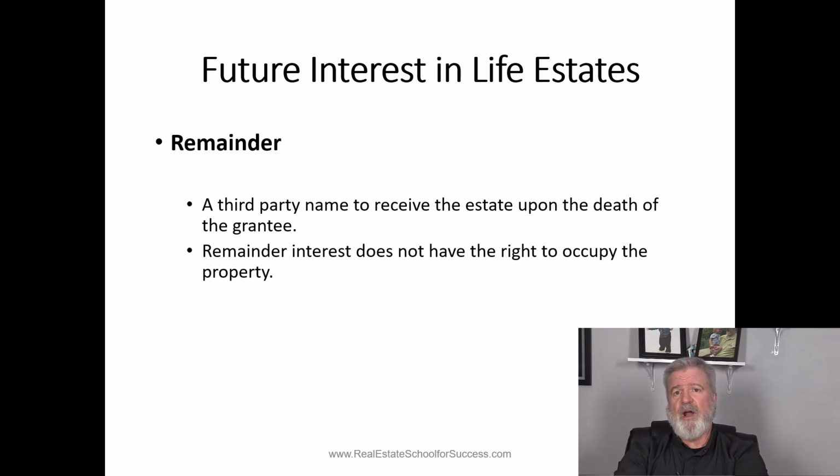It's just going downhill, and I don't want to see it go downhill because I'm going to be owning it one day. Is there anything I can do about it? No. The remainder man has zero control over that property as the remainder man. Because if you're the remainder man, you don't own the property. You don't have any more control over that property than anybody else does. All we know is as a remainder man, you will own it one day, but that ain't today, right?